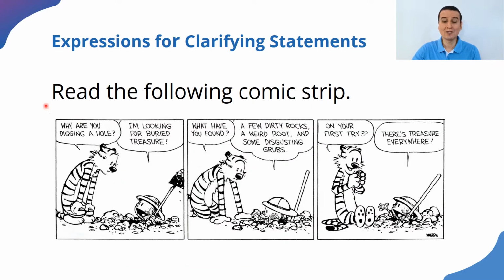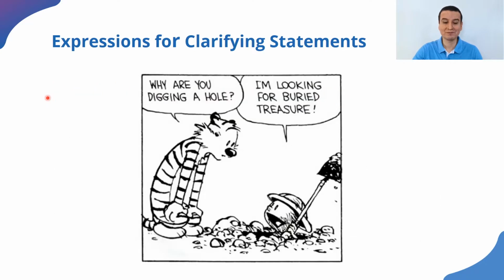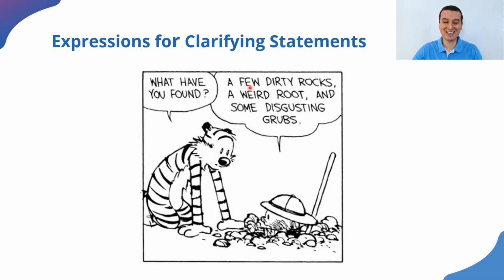Read the following comic strip. Let's read it together. So this is Hobbes. He's asking, why are you digging a hole? And Calvin says, I'm looking for buried treasure. He's very excited. What have you found? Hobbes asks.